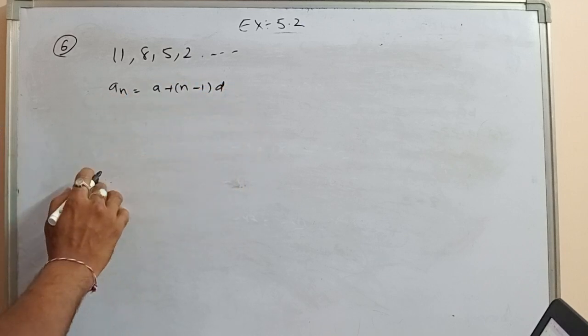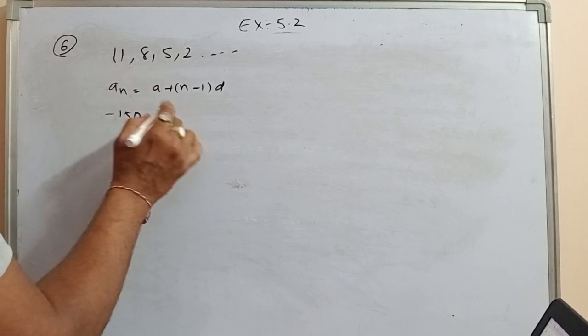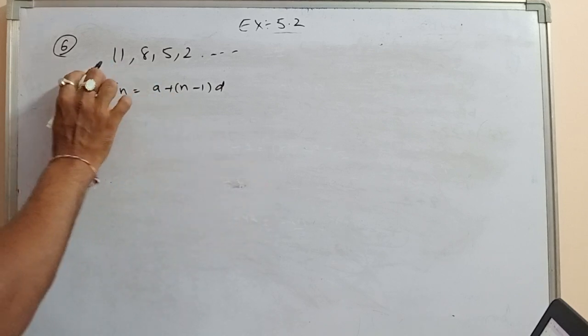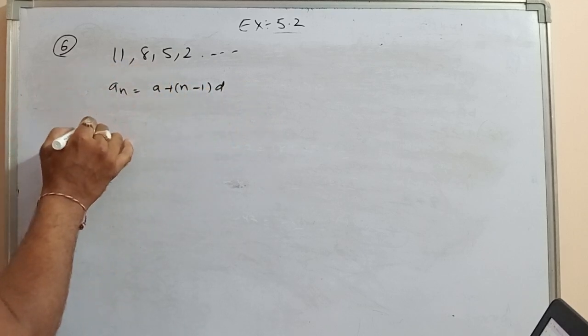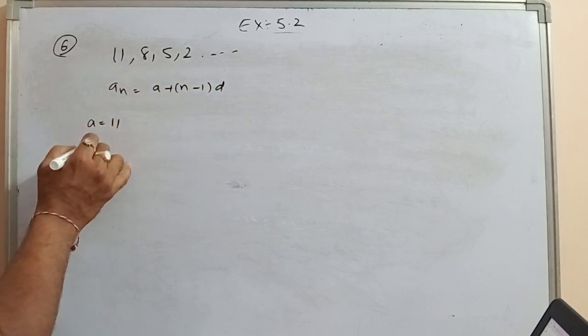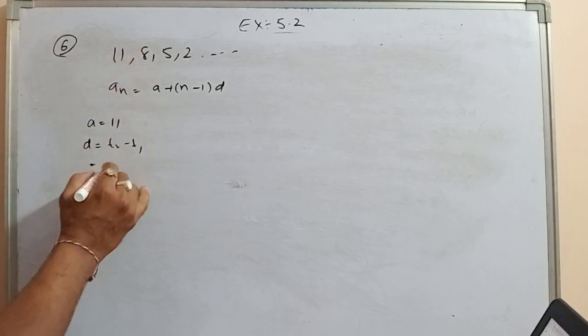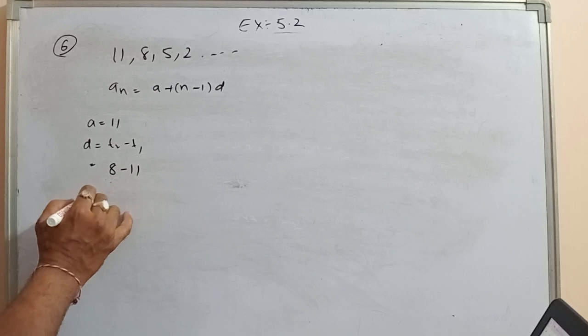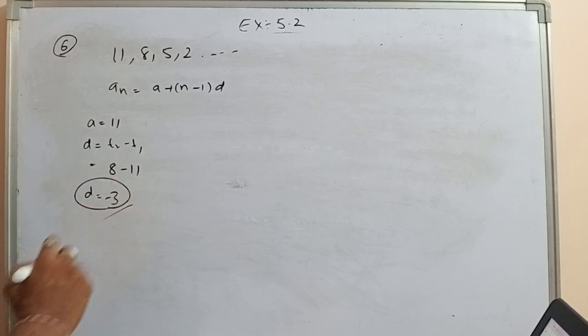What is the value of an? An we have minus 150 given in the question. We know a is equal to 11, d is equal to t2 minus t1, t2 is nothing but 8, 8 minus 11, so the value of d will be minus 3.